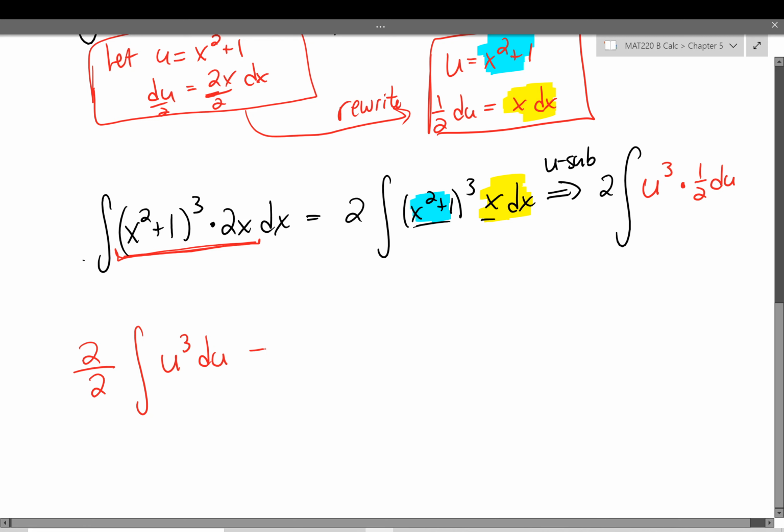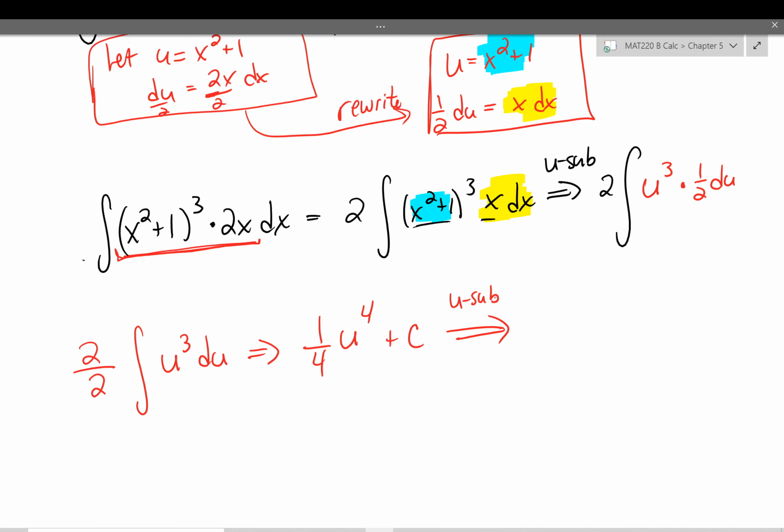Now all we have to do, well, we know 2 over 2 is 1, and the integral of u to the third is going to be 1/4 u to the 4th plus c. And then our last step is to make that substitution again. Because remember, I gave you the problem in x's, so I want an answer in x.